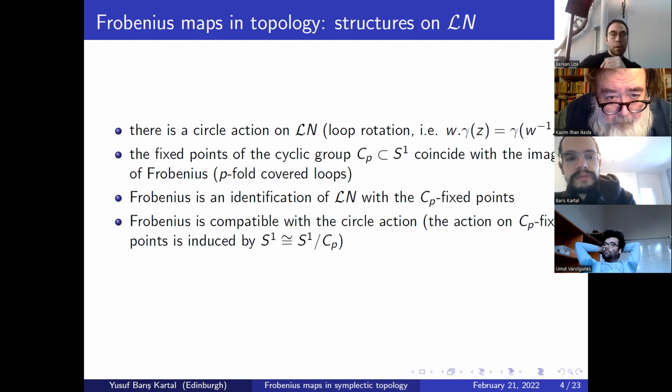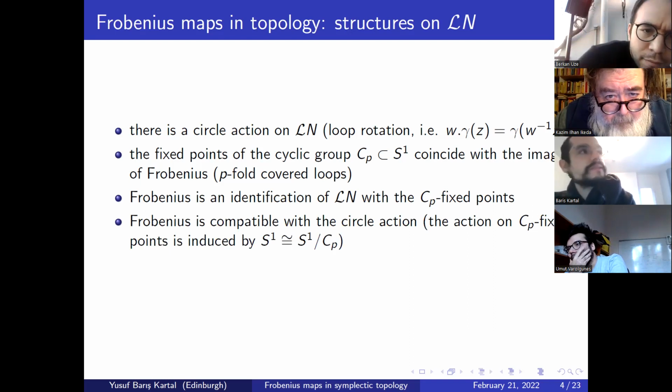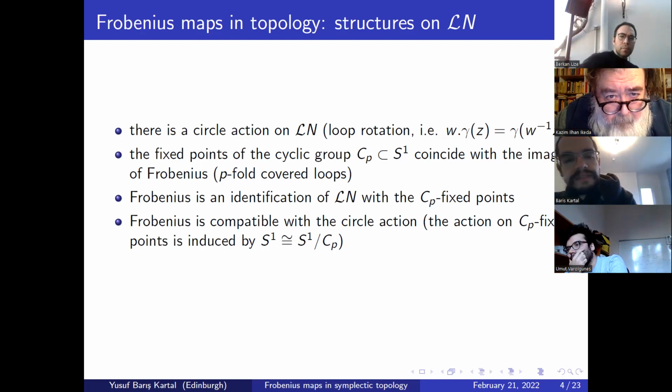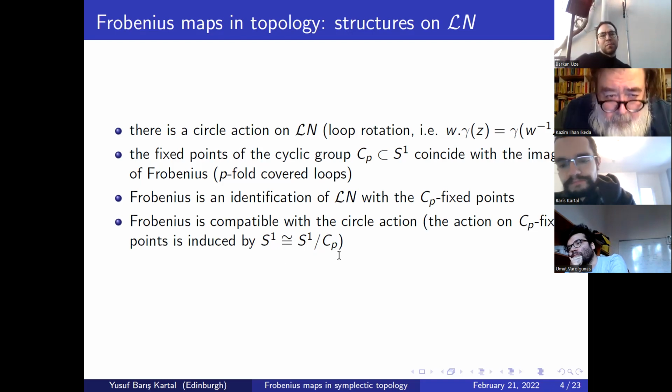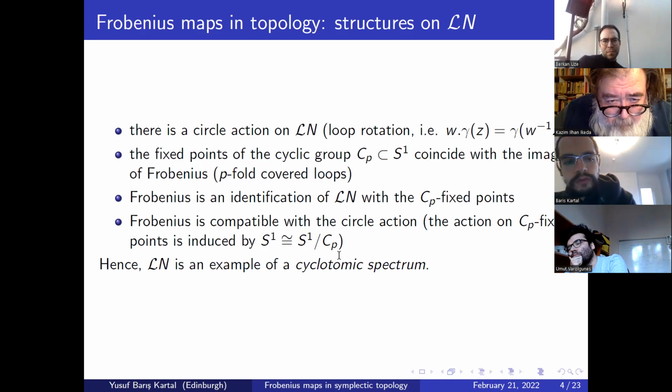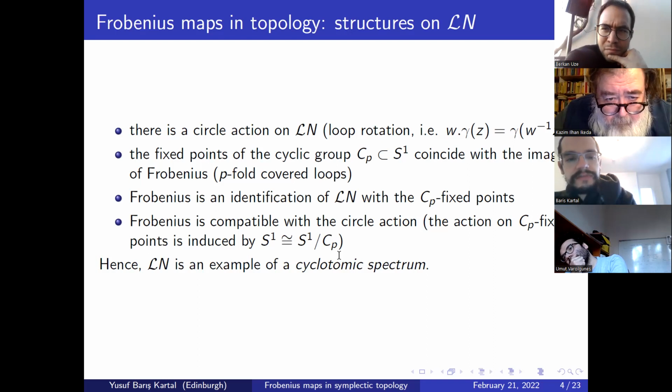And the Frobenius map, meaning the p-fold covering map, is compatible with the circle action, except in the target you have to consider the action that's p times faster, or the other way. Sorry, the other way. What I mean is that the action on the C_p fixed points is induced by the identification of S^1 with S^1 over C_p. So a space satisfying such properties is called a cyclotomic spectrum.